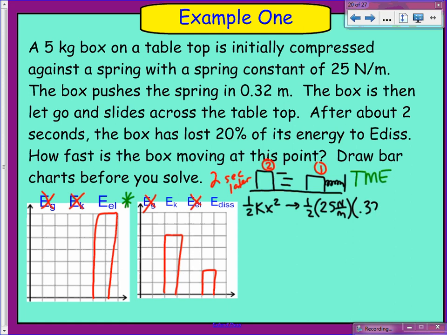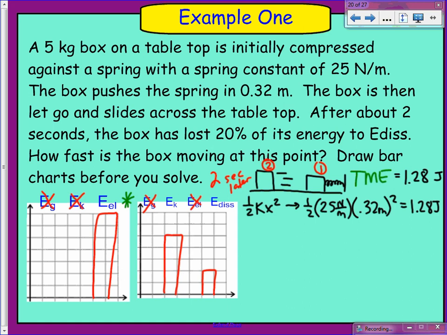So 0.32 meters squared. If I calculate this out, 25 times 1/2, and then times 0.32 squared, I end up getting the energy is 1.28 joules. So this is my total mechanical energy, meaning that that must be the total energy that is in the entire problem, no matter what stage.